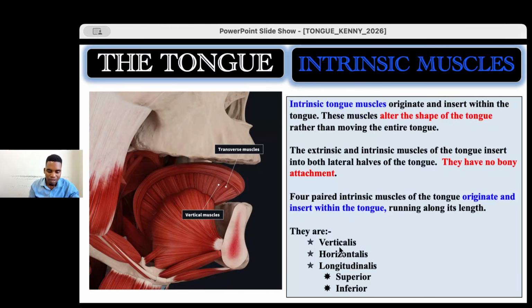So we have verticalis muscle, horizontalis muscle, and 2 groups of longitudinalis muscle. These muscles have no bone attachment, and they are doing more changing of the shape than moving the tongue. And what's easy about the muscles of the tongue, all intrinsic muscles of the tongue are supplied by hypoglossal nerve, which is cranial nerve number 12.